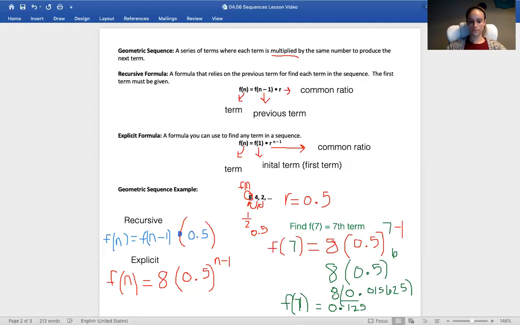Whew. That is a small decimal. We now know the 7th term of that geometric sequence. All right, before we come to a close, there are 4 examples at the bottom of this document that we're going to go through together and identify whether it is an example of arithmetic or geometric, and then what the common ratio or difference would be.